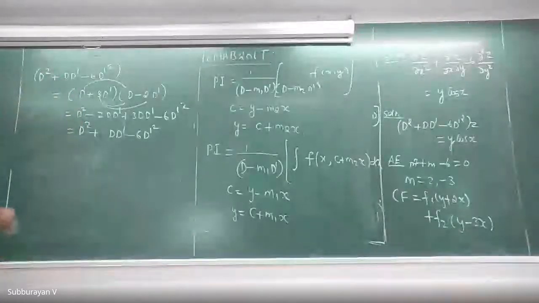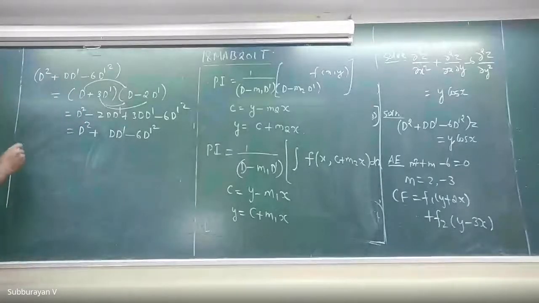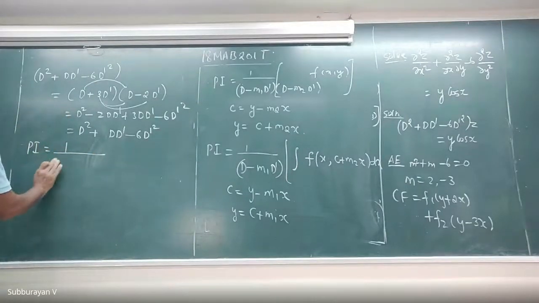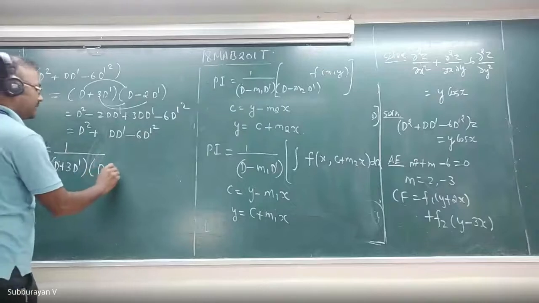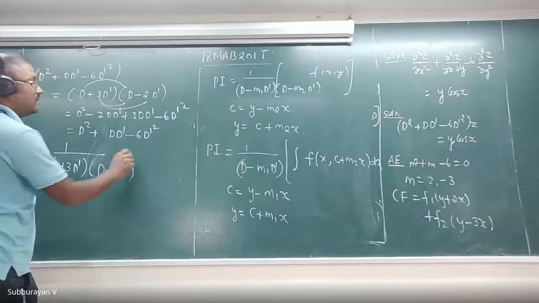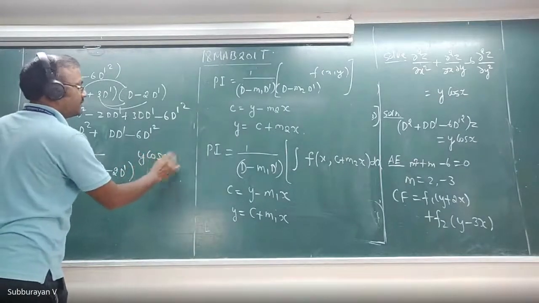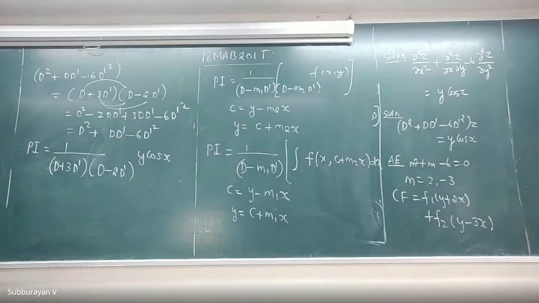Now your particular integral is equal to 1 divided by D plus 3D dash into D minus 2D dash into y cos x.